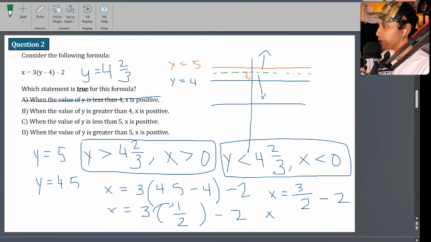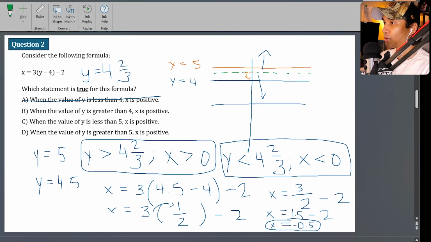And this 3 halves equals 1.5 minus 2. What is 1.5 minus 2? That is negative 0.5. So, in fact, this is a negative number. That's a negative value. And that is what proves that this statement is false, because I chose a value greater than 4, but it gave me a negative number, right? But if I choose 5, it gives me a positive number.